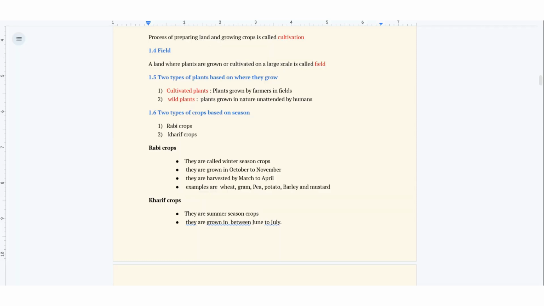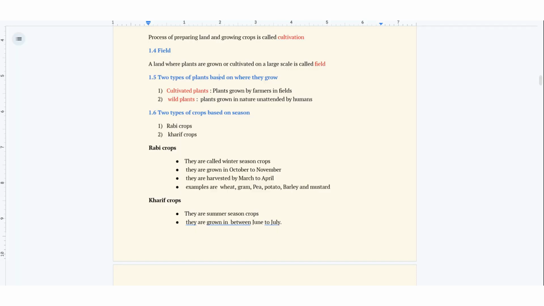Man does not interfere in the growth of the plant. So wild plants are plants grown in nature unattended by humans. So one more time, two types of plant based on where they grow. First one is cultivated plants. Second is wild plants.